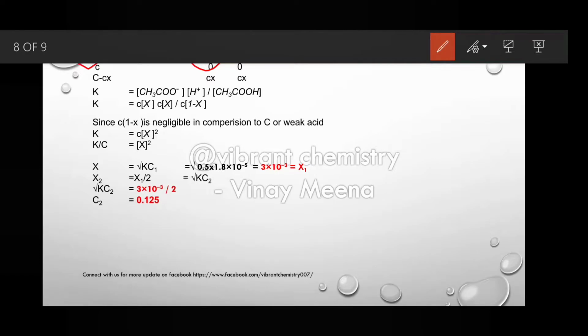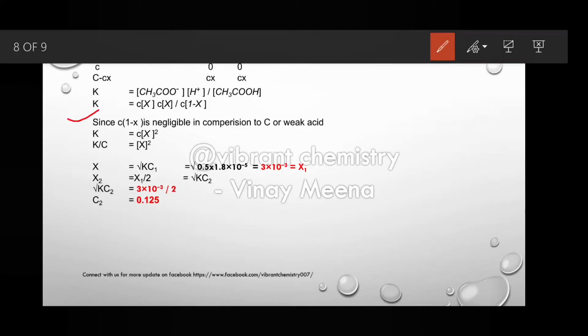But when dissociation takes place and equilibrium is established, the concentration of the acid becomes C minus Cx, and the concentration of the acetate and the H positive becomes Cx. So the expression for the dissociation of the acid gives acetate ion concentration multiplied by H positive ion concentration divided by acetic acid concentration. These are all given to you, so put them over there.